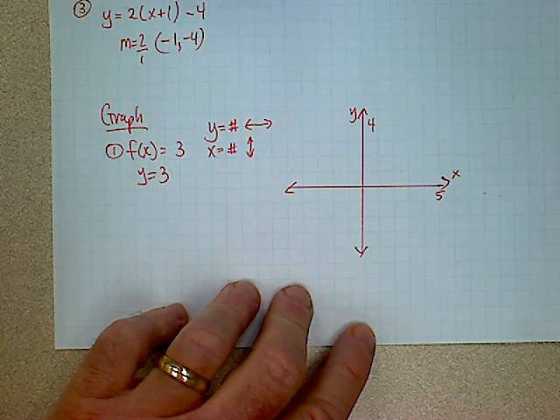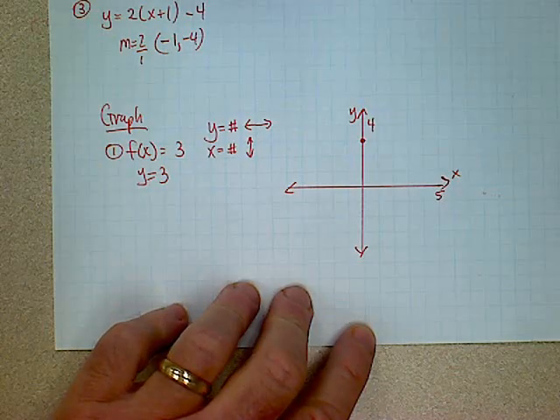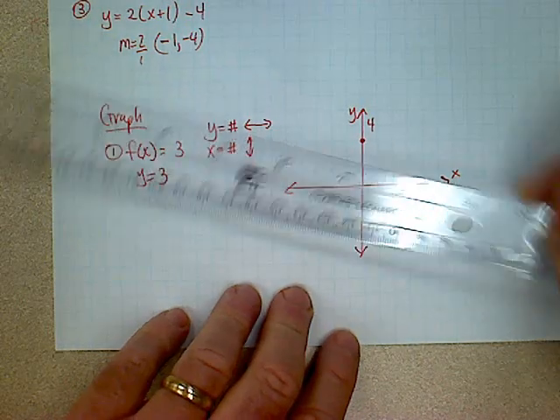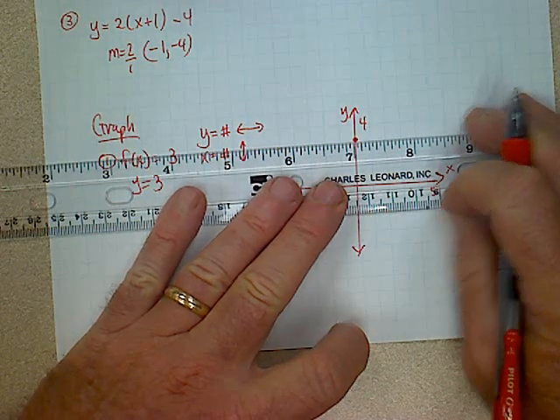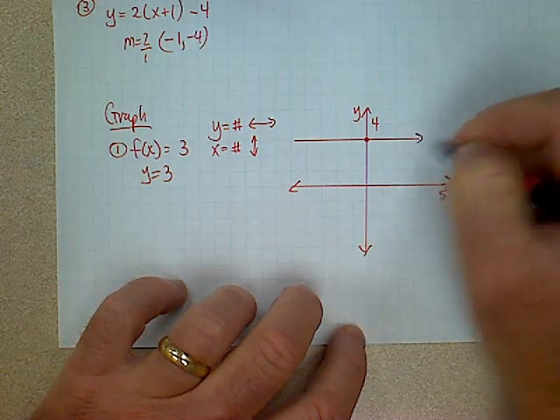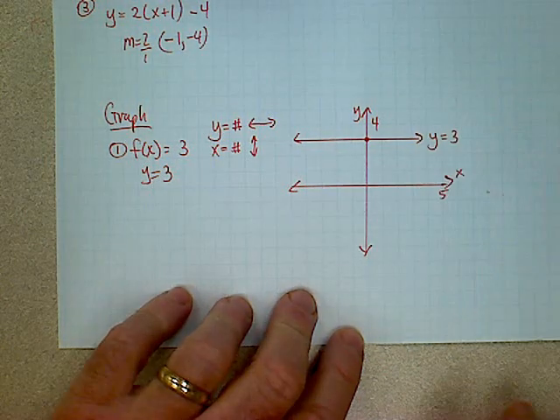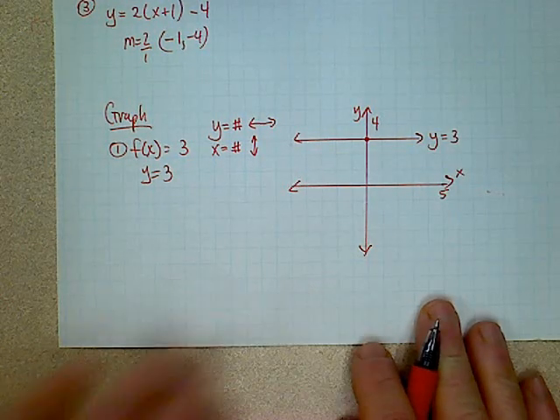And now again, all you're going to do is side to side through 3. So up here at 3, side to side line. Boom, got it. That's simple because y equals a constant goes straight side to side through that number.